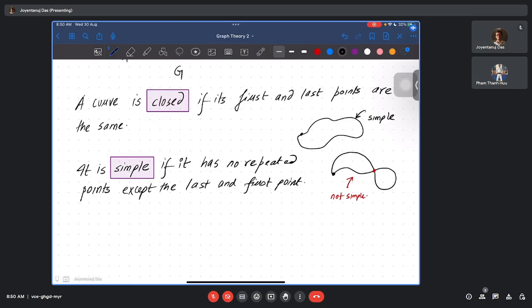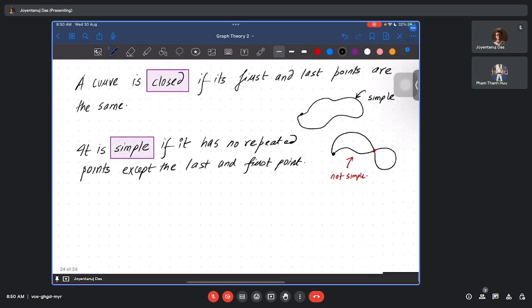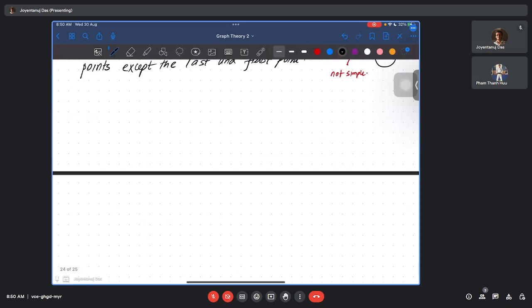Now the next definition is an open set in a plane.